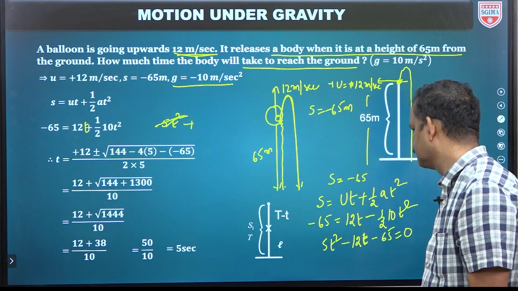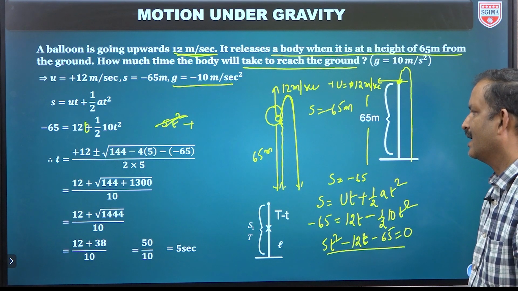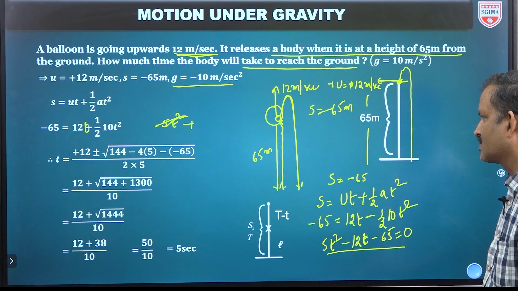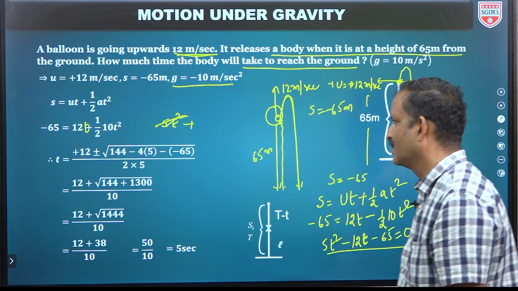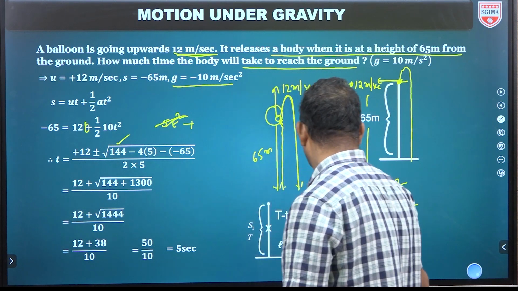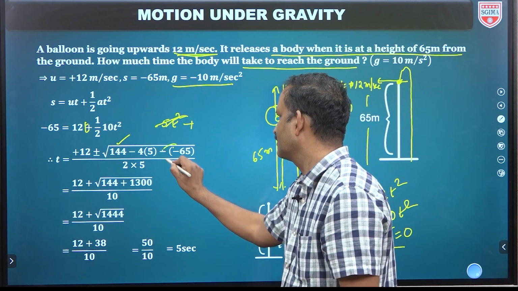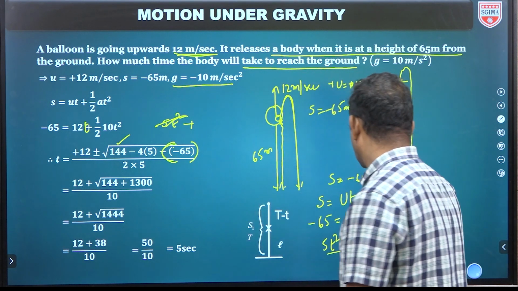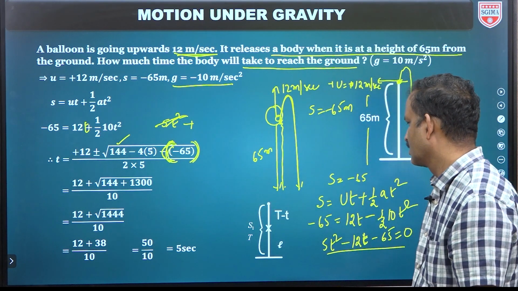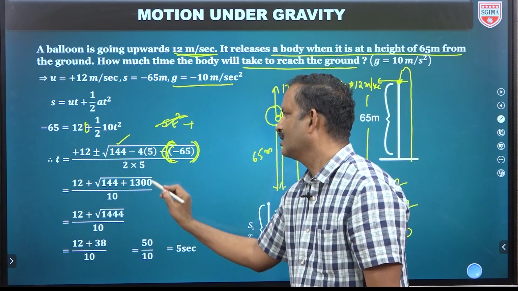Then you solve this quadratic equation: minus b plus or minus root of b square minus 4ac, by 2a. b square is 144 minus 4 into a value 5 into c value minus 65, by 2 into 5.